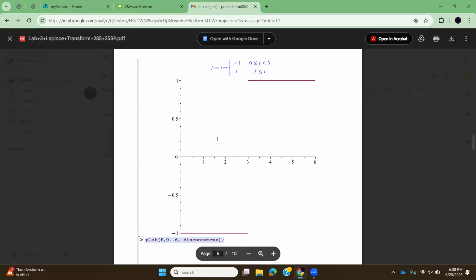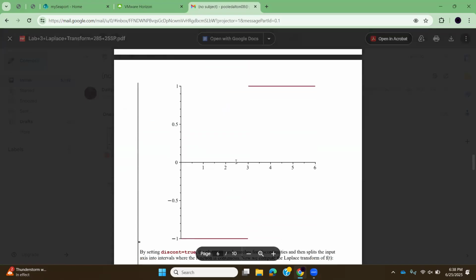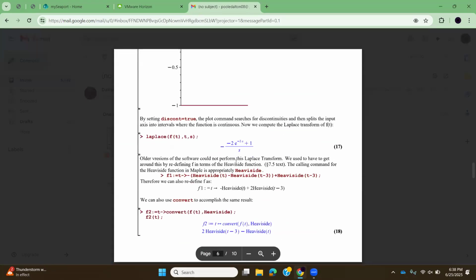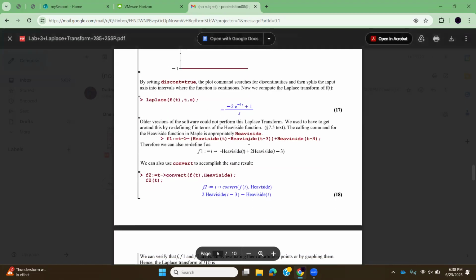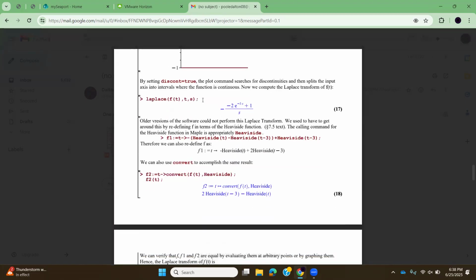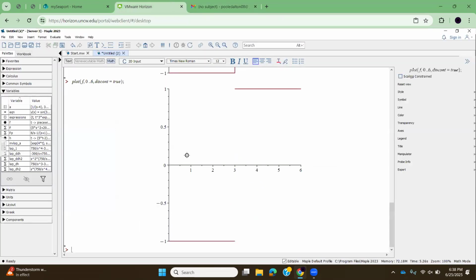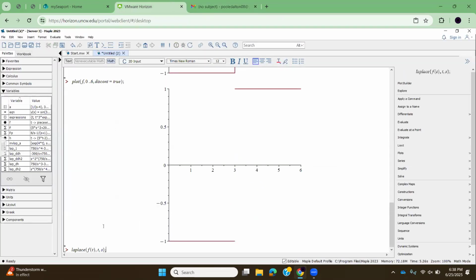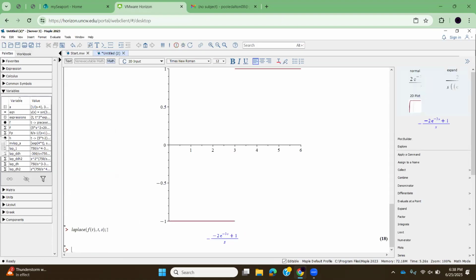I guess it just didn't render on this first graph, which is fine. It tells it to search for discontinuities and split it into intervals where it's continuous. So that's what that's doing. And then again, we're just going to compute the Laplace transform of it. Boom, there you go.